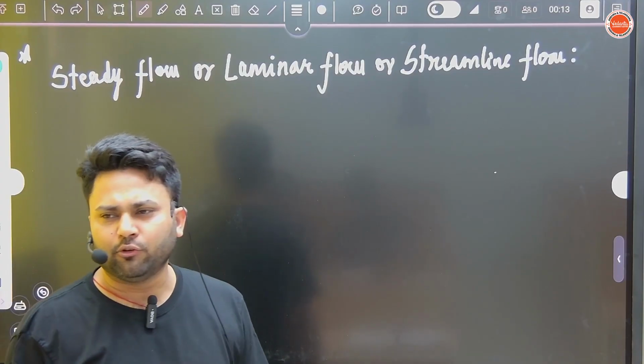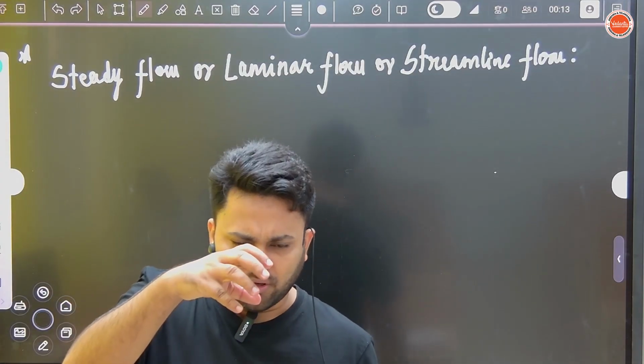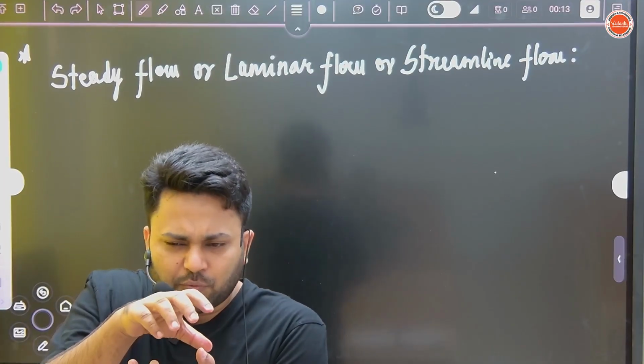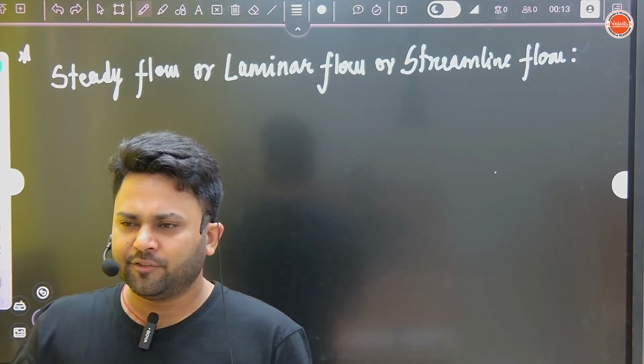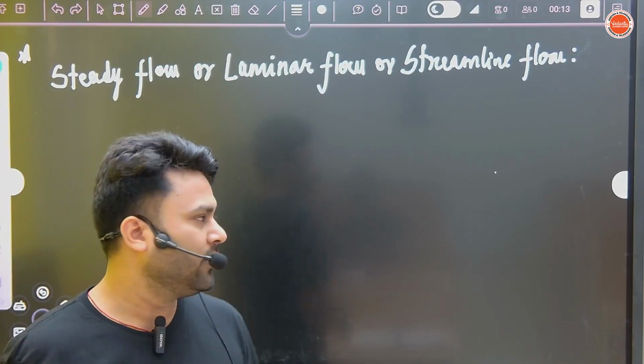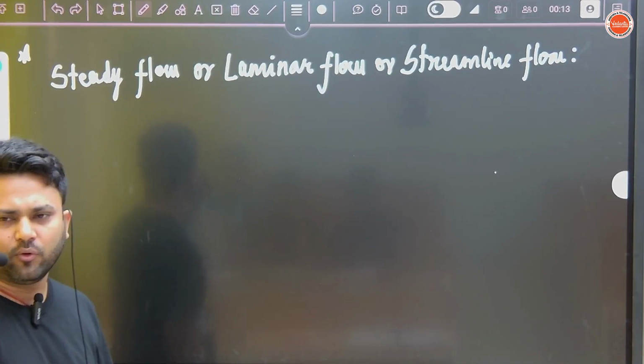You must have seen laminar flow in YouTube videos. The liquid comes out layer by layer, very smoothly. Those are called laminar flow.